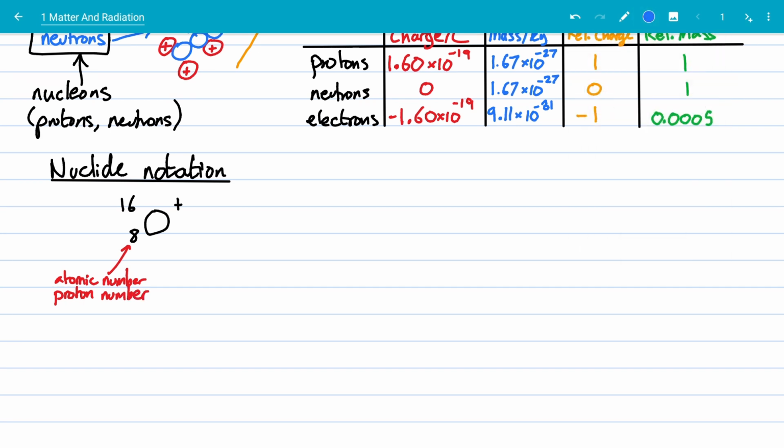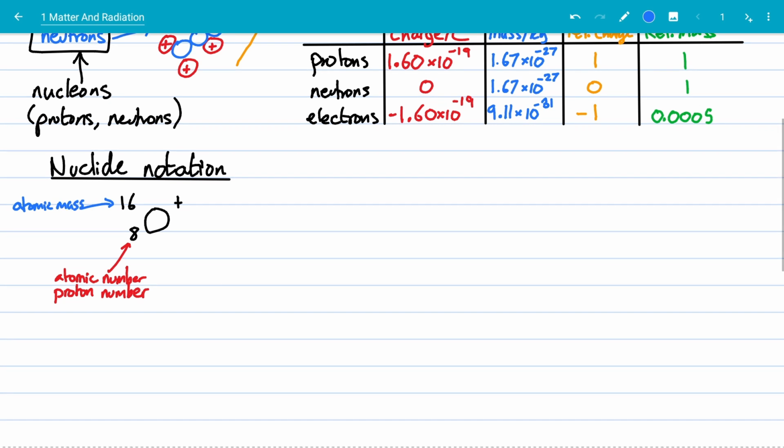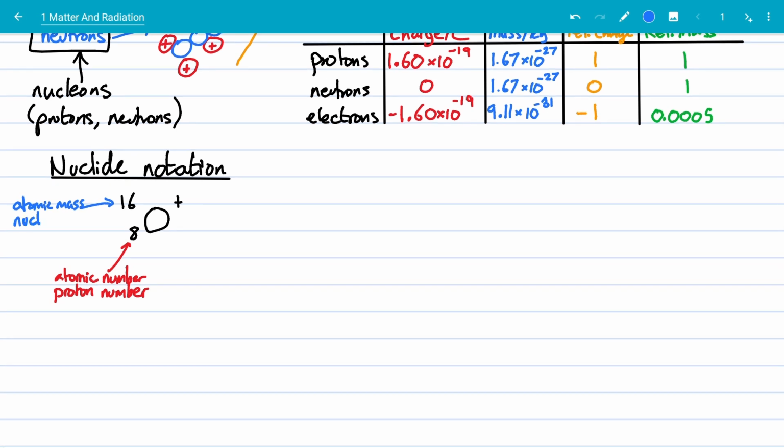We also have this number up here, which is called the atomic mass, also sometimes called the mass number or called the nucleon number. And that's becoming more popular. It is the number of nucleons, that is to say, protons and neutrons found in the nucleus.